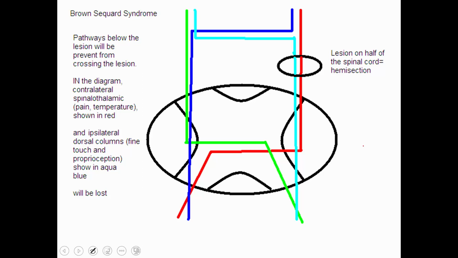Well, this is a way to work it out. So there's a hemisection on the left side. That means things below it are not going to be able to go through.